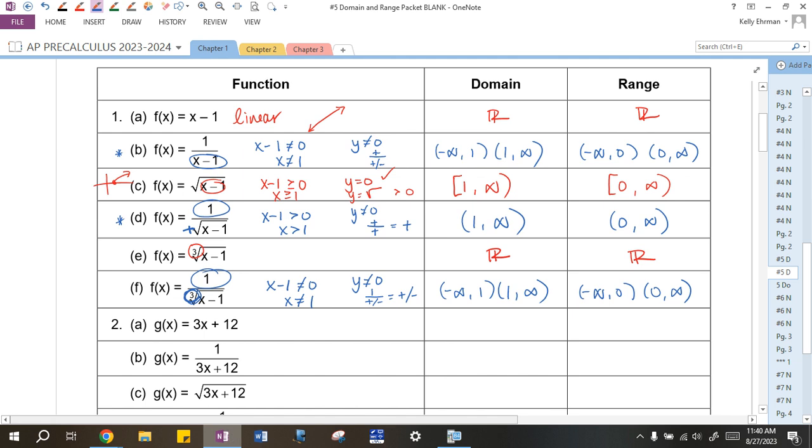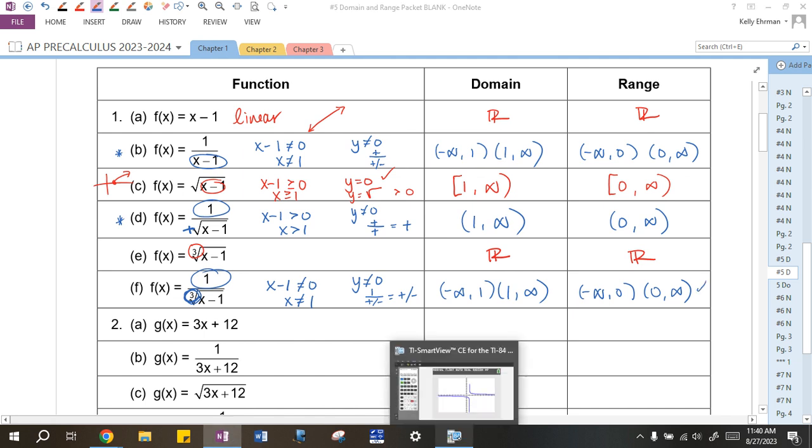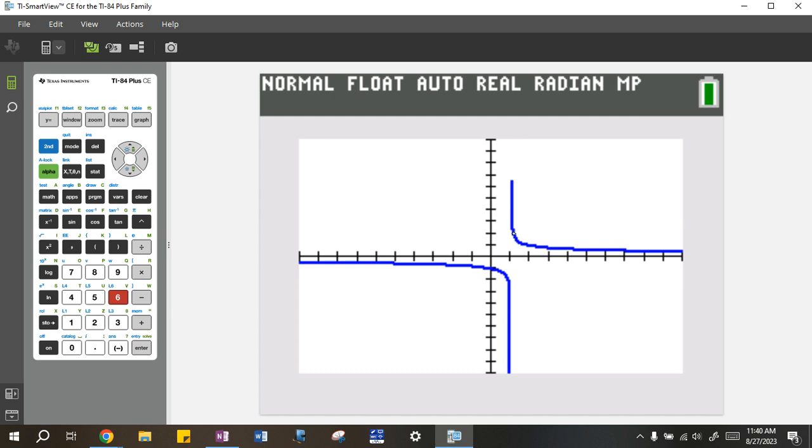And you can see the closer the numbers are to 1, the more they shoot to infinity or negative infinity. If I pick 1.00000001, I'll be way up here on the graph. If I pick 0.9999999, I'll be way down here on the graph. And then the bigger number you pick, it'll be 1 divided by a big number, so you'll be close to 0.